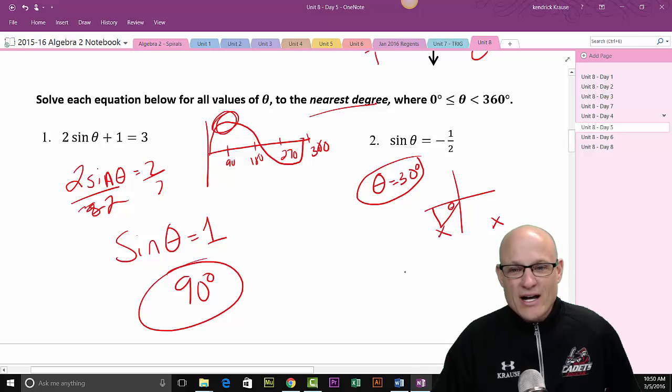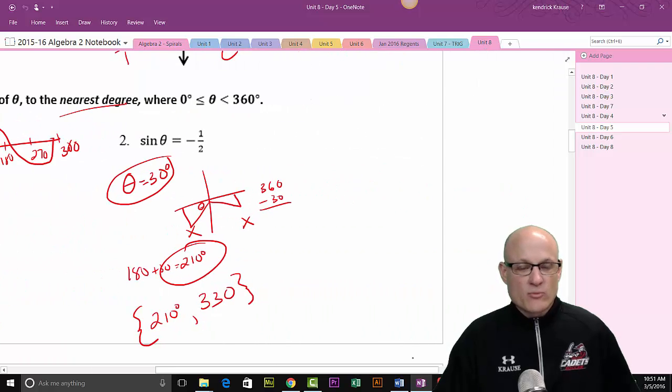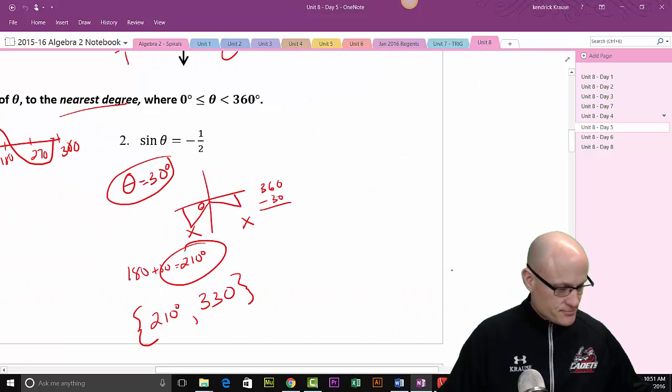And in the third quadrant, we do 180 plus 30, which is 210 degrees. There's one of my answers. Or I could also be in the fourth quadrant, and that would be 360 minus 30 degrees, or 330. So my answer is 210 degrees or 330 degrees. Oh my goodness, I forgot about my big fat head being in the way. Hopefully you guys understood that.